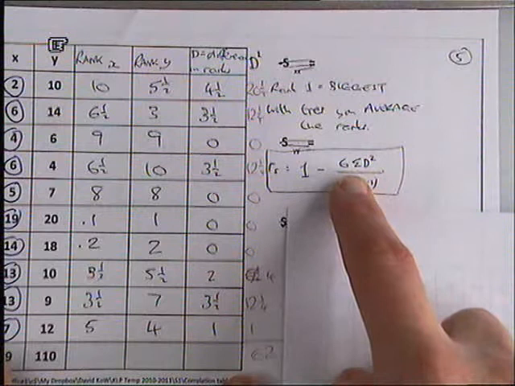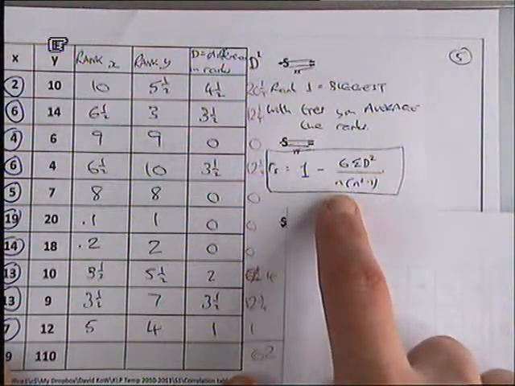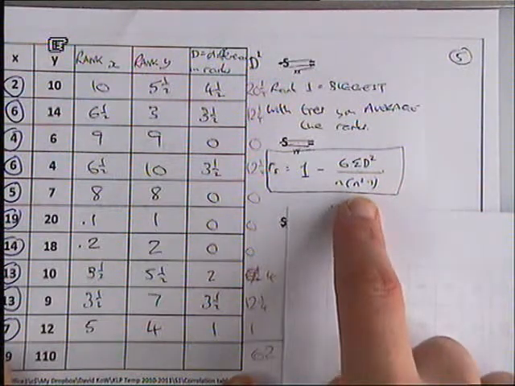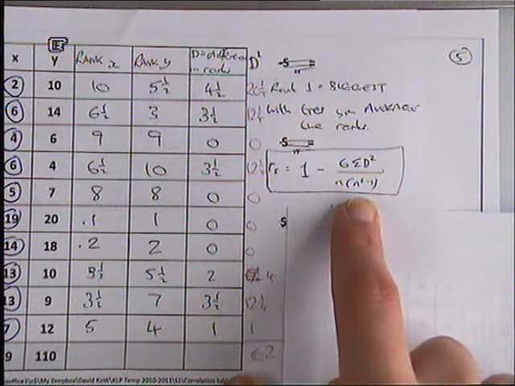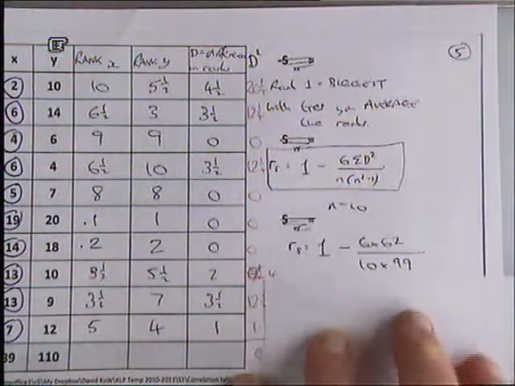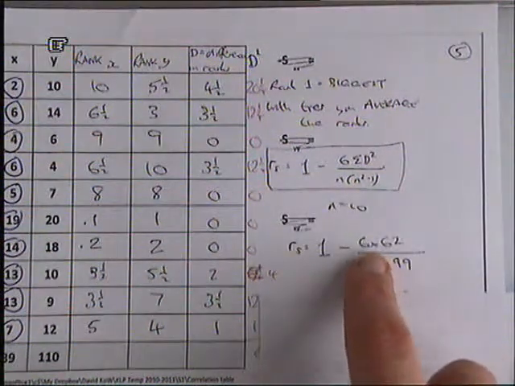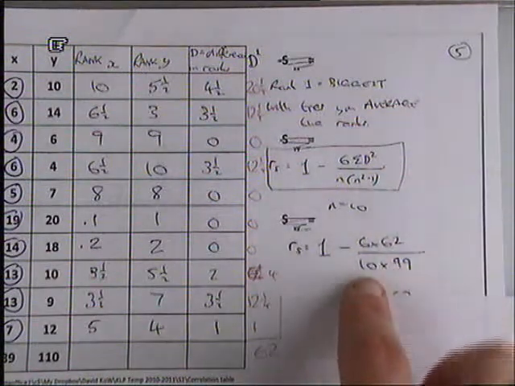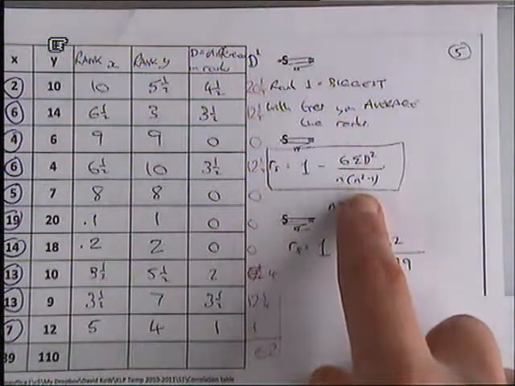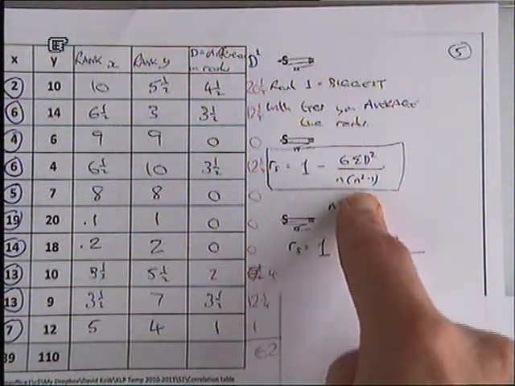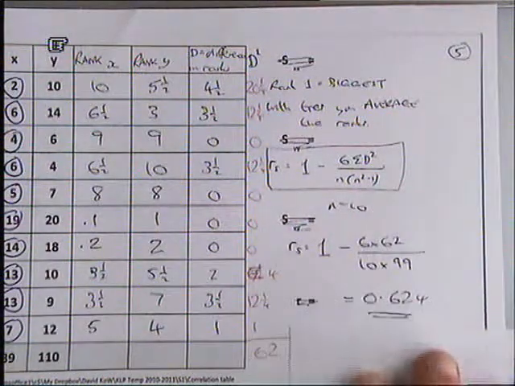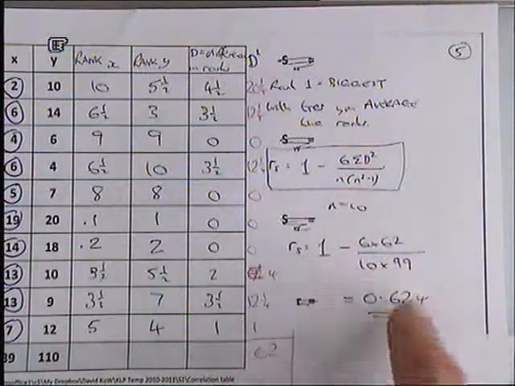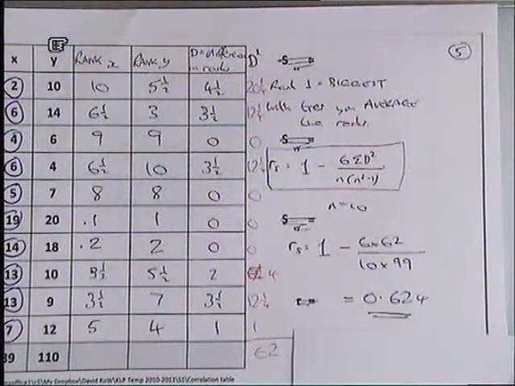You times it by 6, you divide it by n times n squared minus 1, and n is the number of pairs of data, so here that's 10. So I've put that in. It's 6 lots of the total of 62. n was 10. n squared minus 1 is 10 squared minus 1. That's 99, so that's the 990. Put it in the calculator and you get a value out.